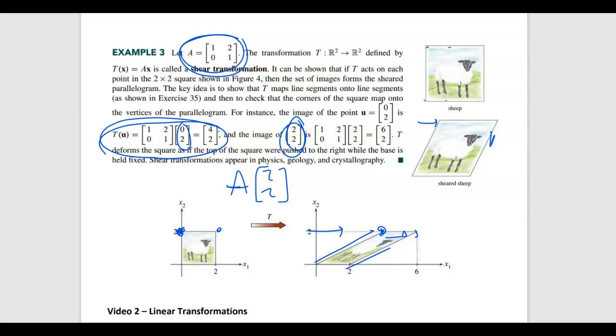So let's think about if there was a linear combination that contained C, then that means AX must be equal to C. Another way to think about this is like T of X equals C. So is there an X value in which this is true? Okay, so let's see if this is consistent.